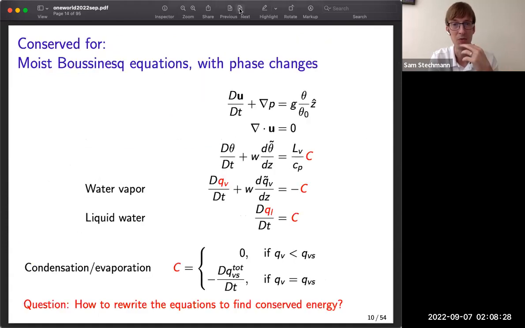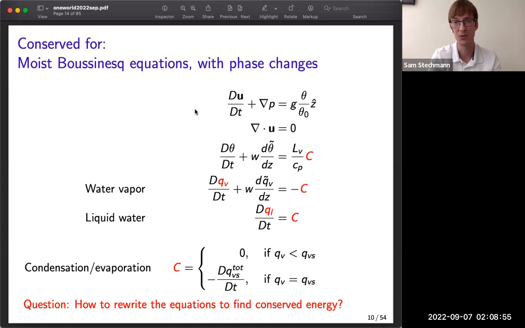And so first off, I should say what system I am talking about. This is an energy that is conserved for the moist Boussinesq equations with phase changes. And I view this as a great system for GFD type purposes. It has the basic ingredients of the phase changes and the clouds, but the thermodynamics is also a little simpler, and so it's an easier system to work with.